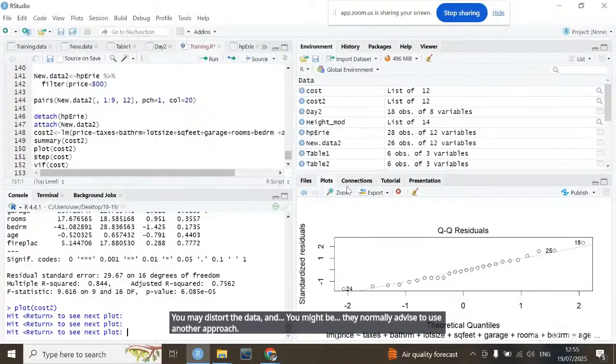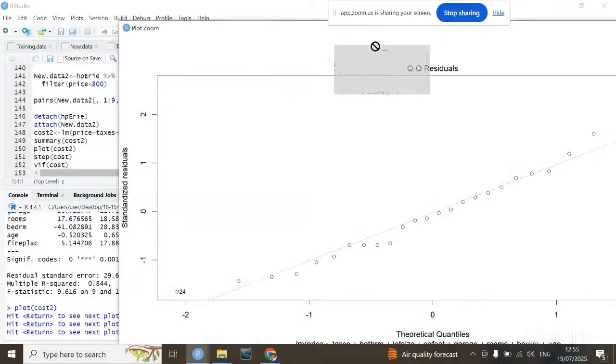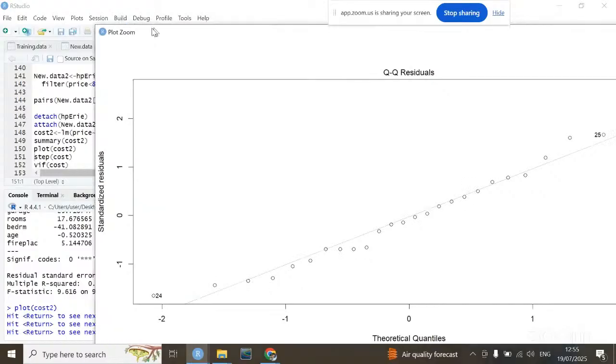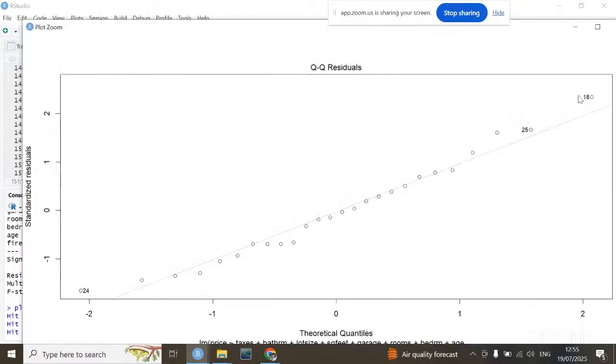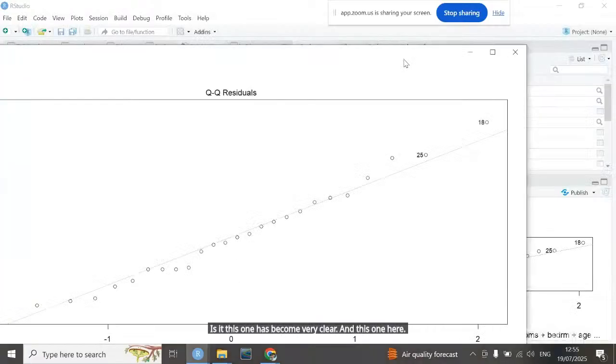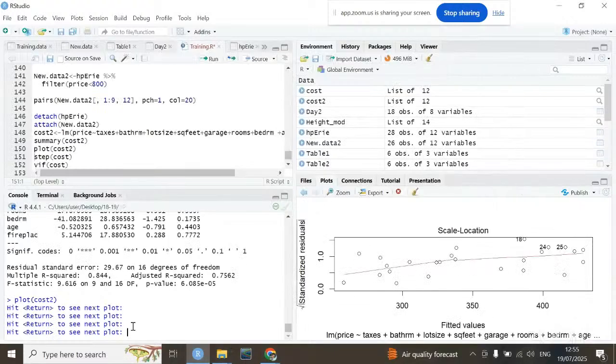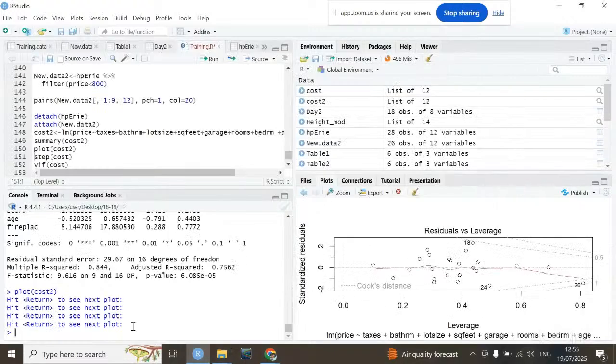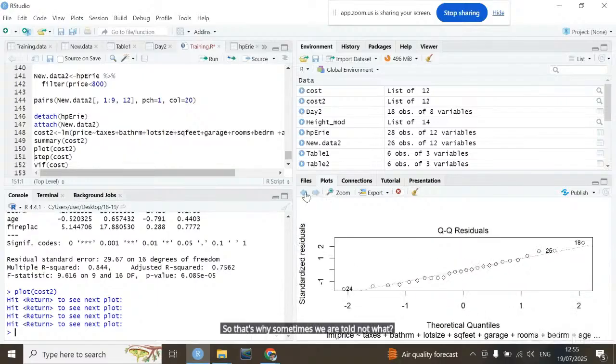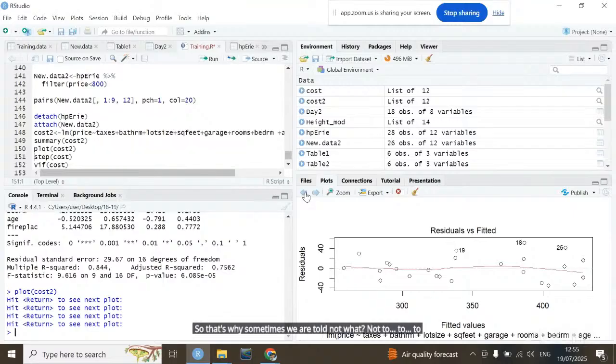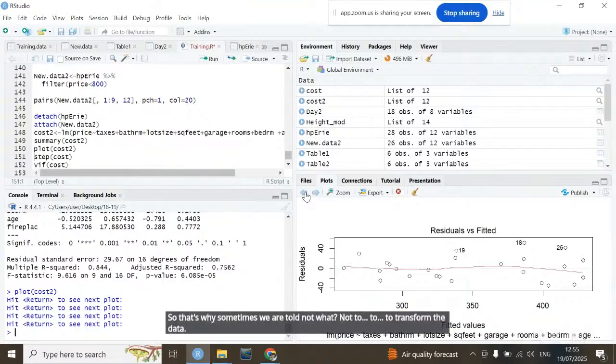When you zoom this, you see this one has become very clear, these points, and this one here. So that's why sometimes we are told not to what? Not to transform the data. Transforming data may not change it.